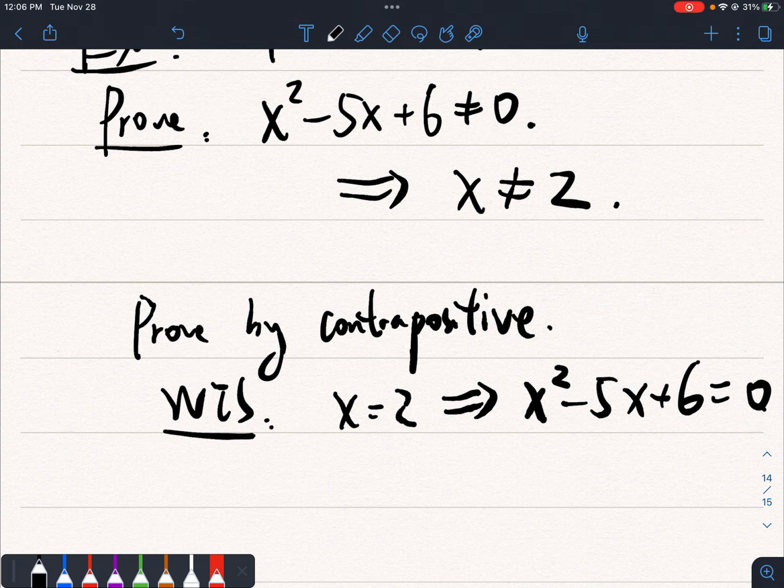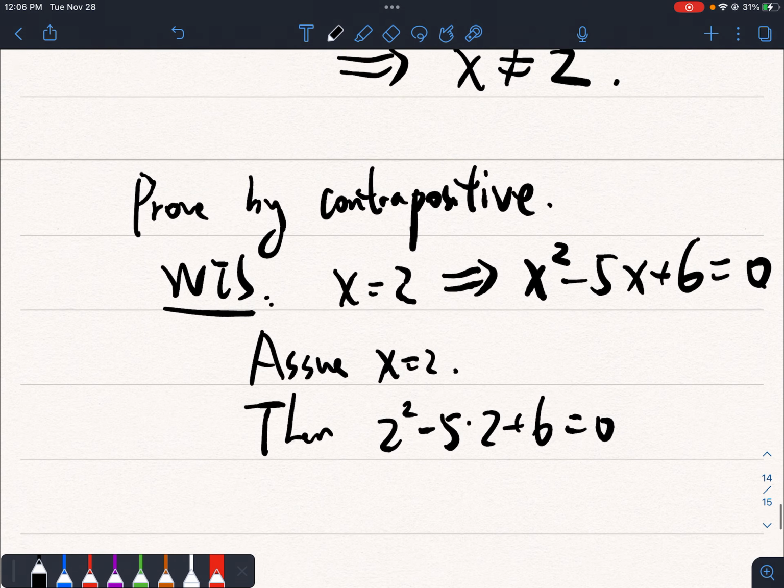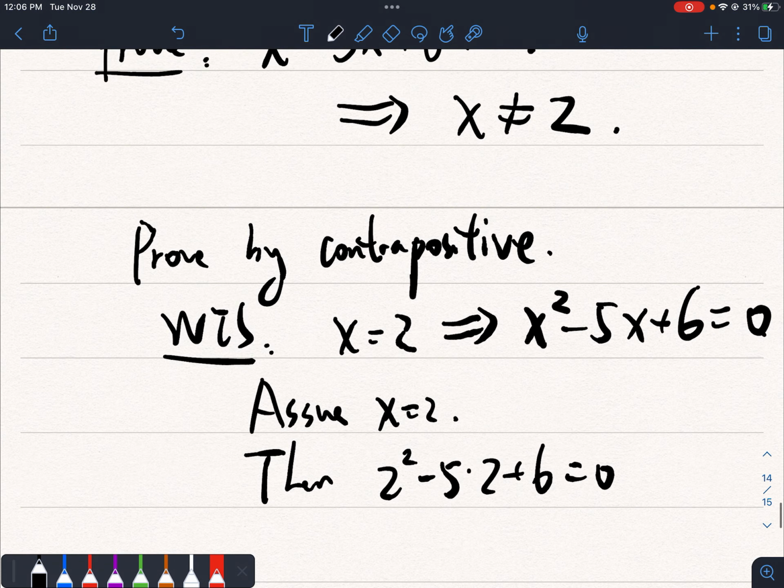And this is clearly true because you can just plug in: if x is equal to 2, then 2 squared minus 5 times 2 plus 6 is equal to 0. Or you can factor this as x minus 2 times x minus 3, and now this is equal to 0.